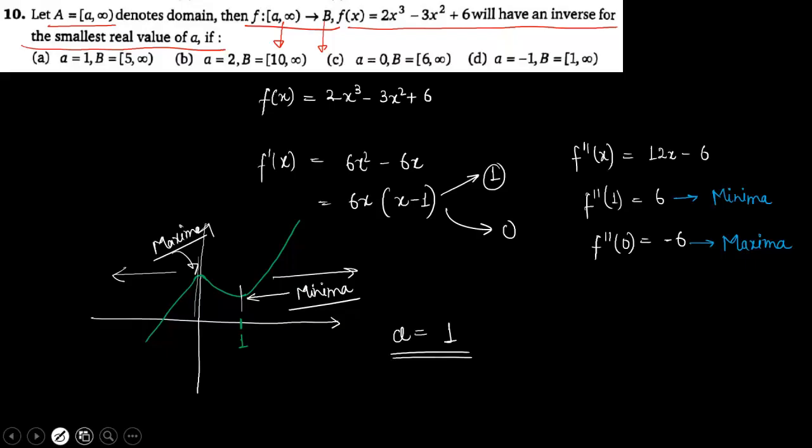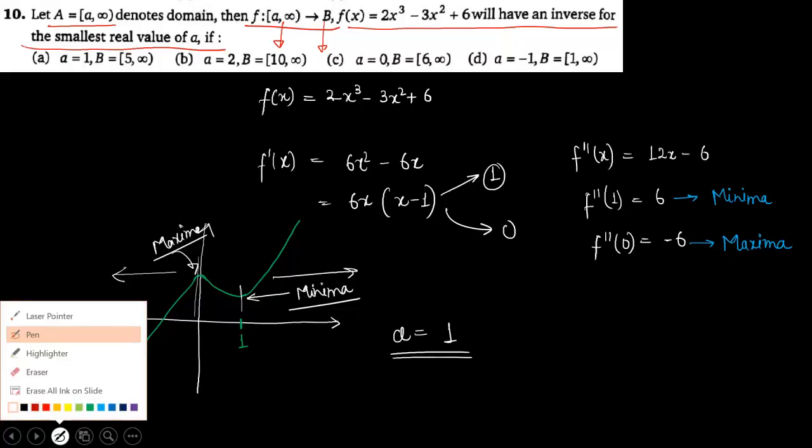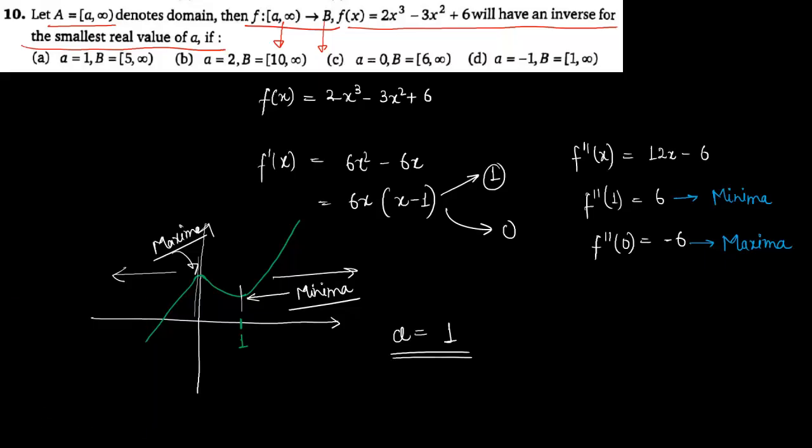Let us cross-verify by the options also. For A equal to 2, this option is also indicating a one-one function. A equal to 0 is not indicating a one-one function, because if we start from 0, then we will find it as a many-one function.